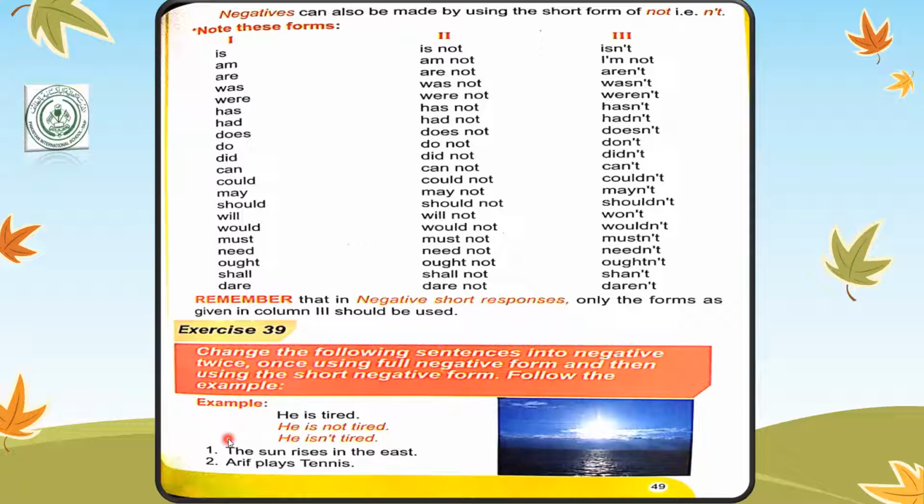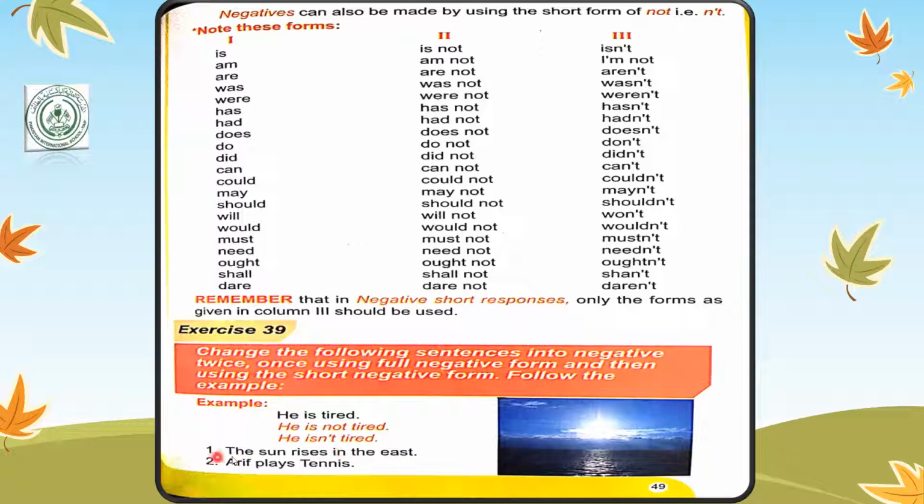In the last exercise 38, we just changed sentences into negative. But here in exercise 39, we have to change one sentence twice, once in the full form, second in the short form. Like the example, he is tired. You will say he is not tired and he isn't tired. So both you have to write.